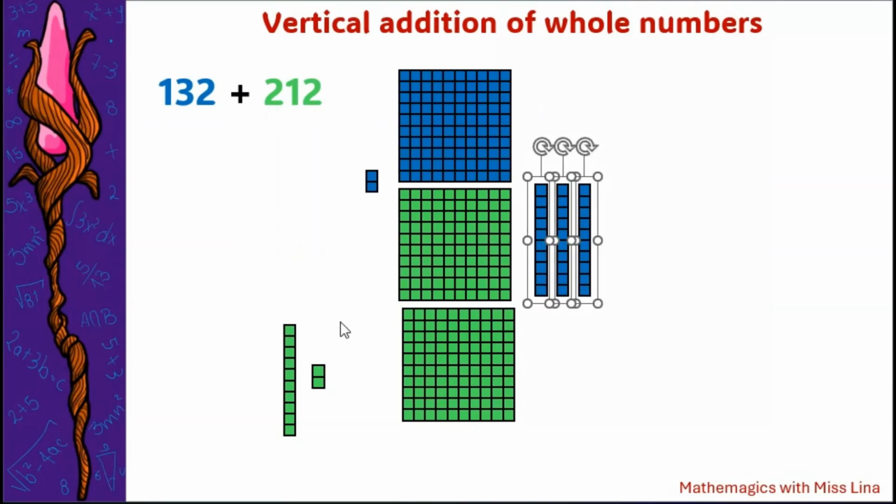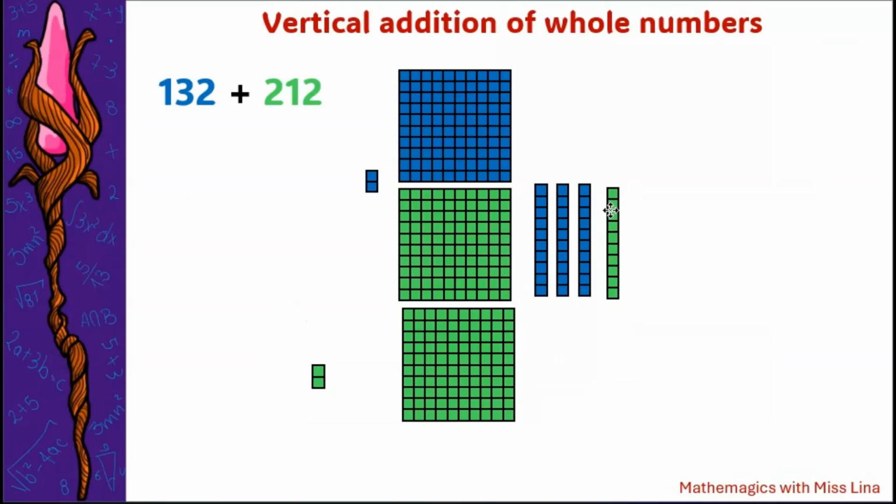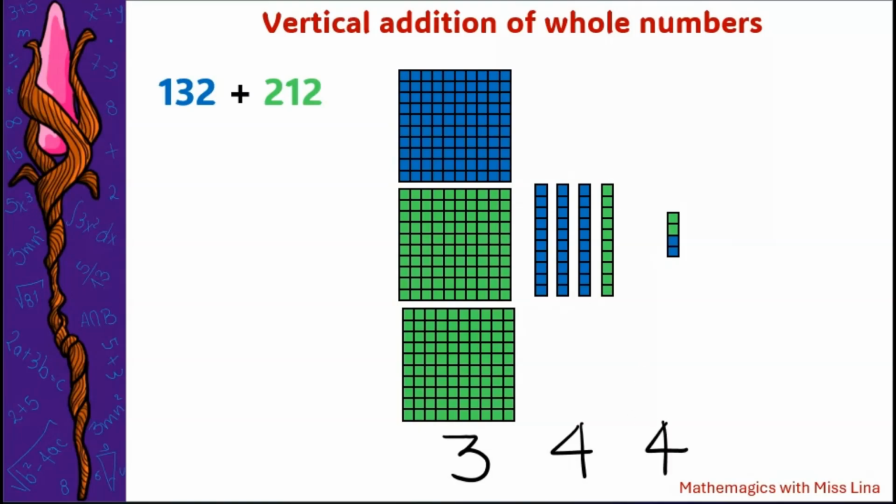So it's three of them, and we put together the one of the other number. And finally, the ones. We are also going to put them together to check what is going to be the final answer. Okay, so that means we have 300, 4 strips of 10, so 40, and 4 units, 344.